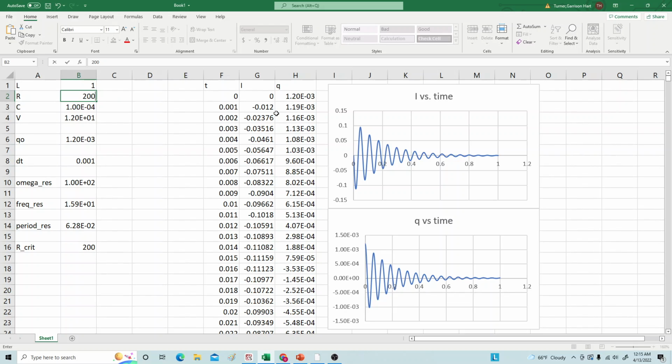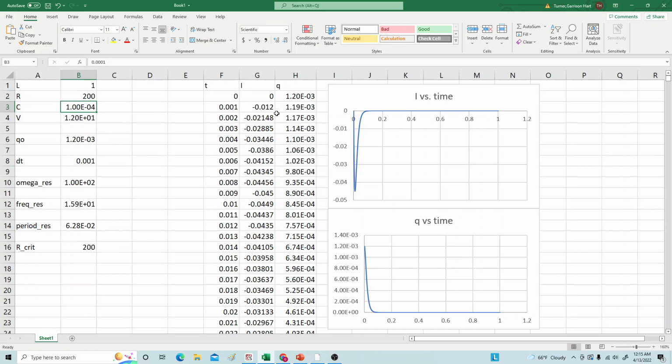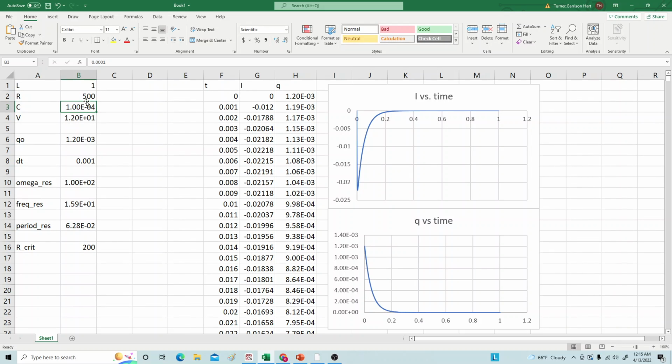Now I have that nature where I don't have any oscillation. My system will go down, and then when it comes back up, effectively that will cause the current to die out very quickly. And if I go over that amount, let's say 500, then I achieve an even steeper drop on my current, or a sharper drop on my charge, and my system just dies out.